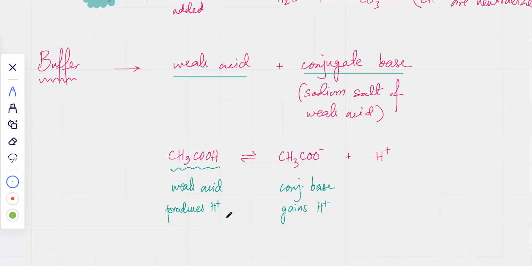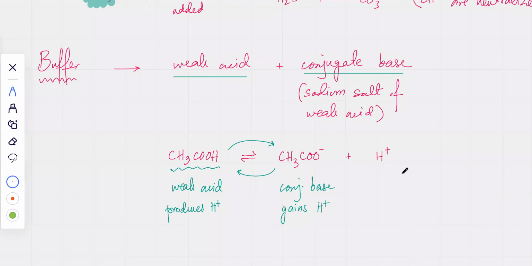A weak acid, if you look at the reaction in the forward direction, it is definitely releasing an H plus 1 ion. But if you look at the reaction in the backward direction, the ethanoate ion is gaining an H+1 and forming ethanoic acid back again. So which is why you call it a base.